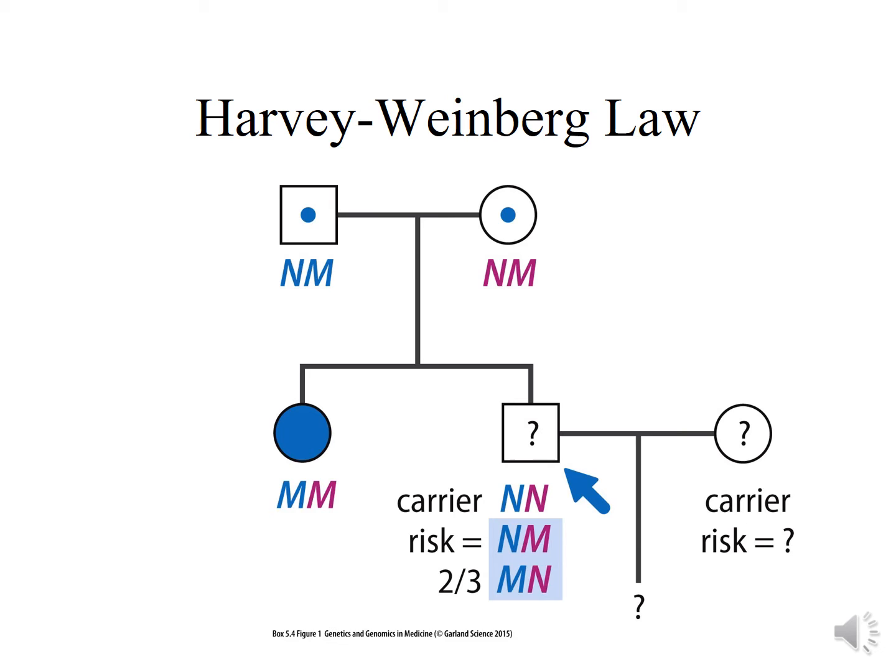The Hardy-Weinberg law, or equilibrium, is a probability relationship between allele frequencies and genotype frequencies found in a population under ideal conditions. So it is a mathematical relationship that assumes ideal conditions. We just said that conditions are not ideal, but it is a mathematical way to predict what things would be under ideal conditions, and then one can go from there.